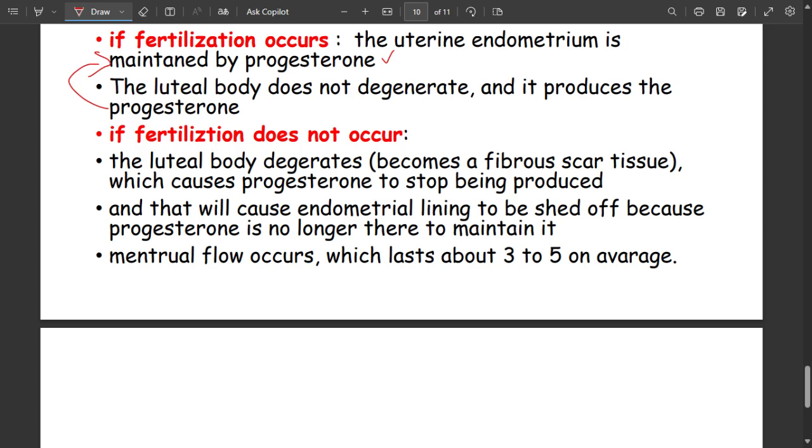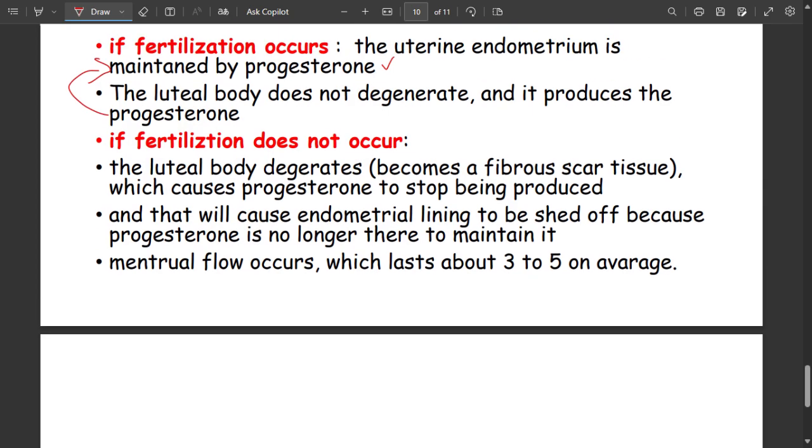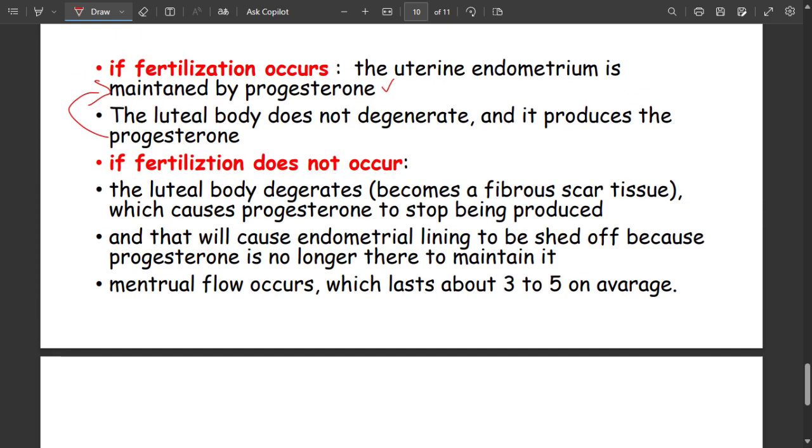Okay, so if fertilization does not occur, on the other hand, of course, the luteal body will degenerate, and then after it degenerates, it becomes what is known as a fibrous connective or scar tissue, which causes progesterone to stop being produced because the lutein body has regressed. We don't have progesterone. Remember that progesterone is responsible for maintaining the endometrial lining.